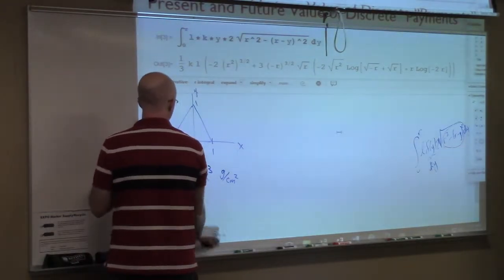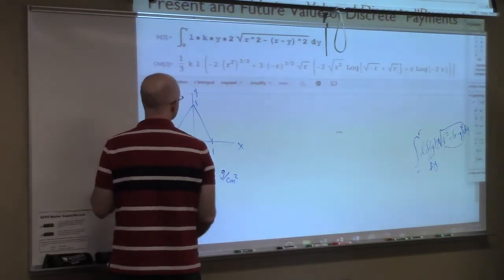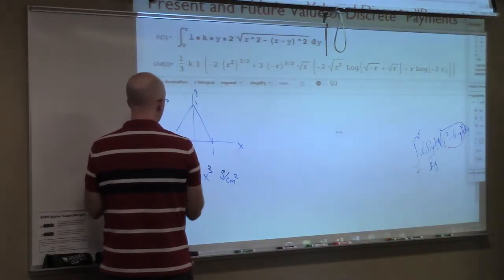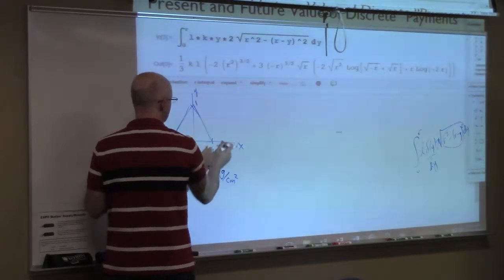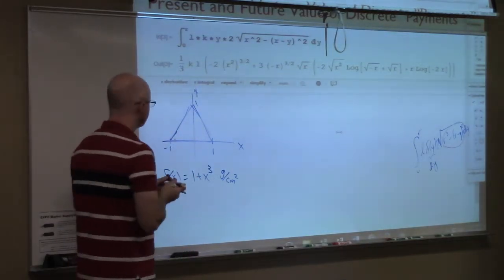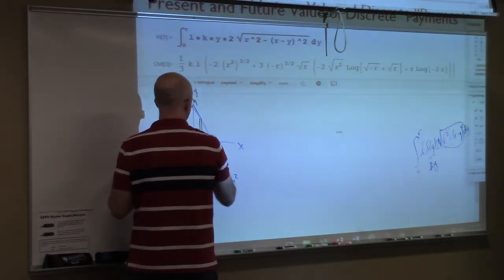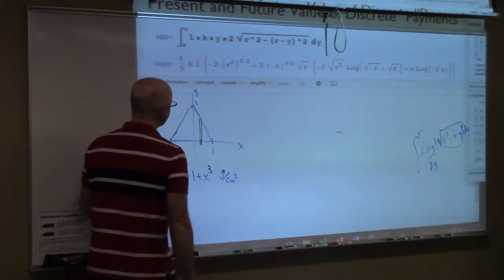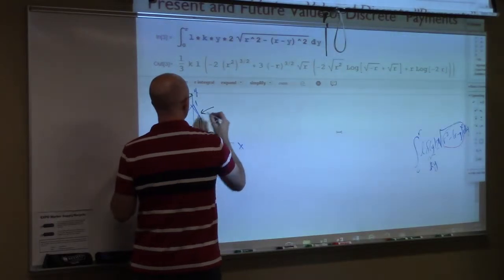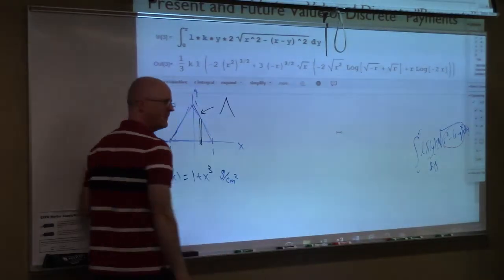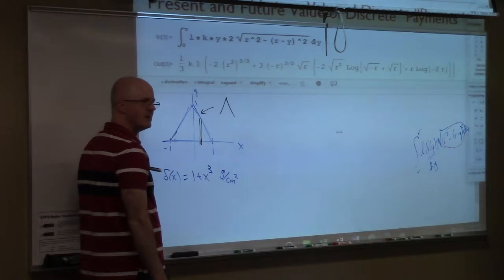So take an arbitrary vertical slice. We are going to have a little extra complication of the fact that these two lines would have different equations. So imagine a slice over here, a thin slice. Maybe I should give the piecewise function whose graph looks like a triangle a name.